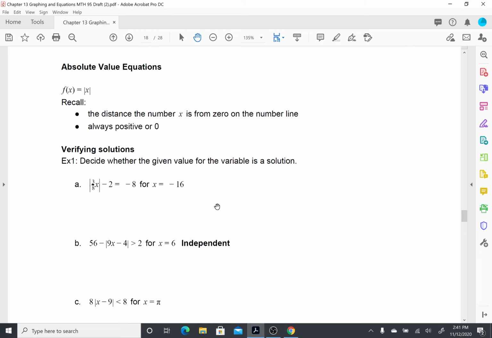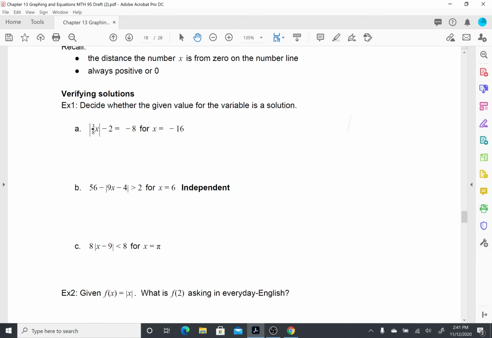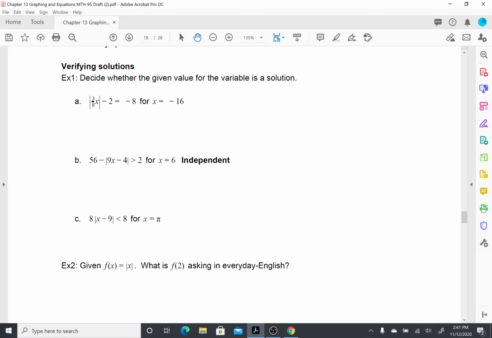Now we're going to use absolute values to solve. Let's do A together right now, and you'll do B yourself. We're going to put x in as 16.